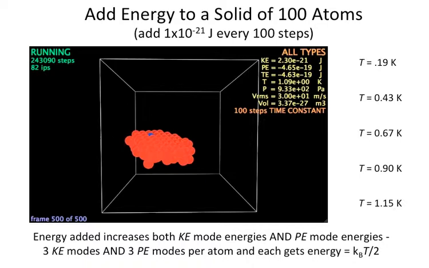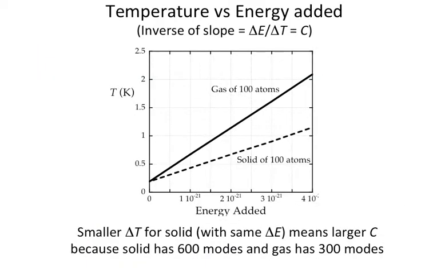So the gas went up to over 2 Kelvin. The solid only went up to 1.5 Kelvin, even though they started at the same place, and I added the same amount of energy. The reason is that the gas has fewer modes. So when you add energy, here's the graph.